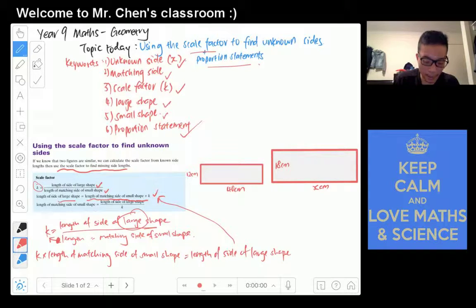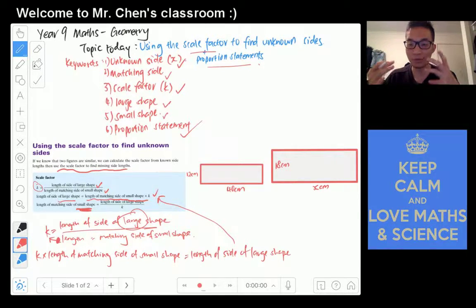On the other hand, if you try to figure out the unknown length of the matching side of the small shape, you have to divide the length of the side by k. You will know what it means when I start doing it.